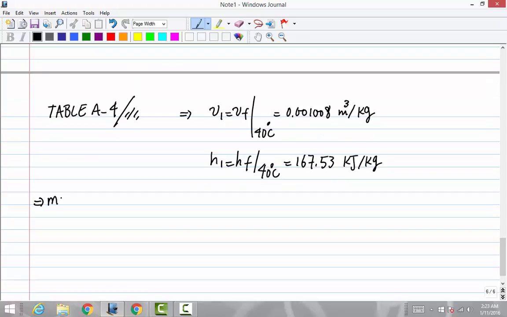Now I can calculate the mass, which is capital V1 over little v1, 0.05 meters cubed divided by what we just found.